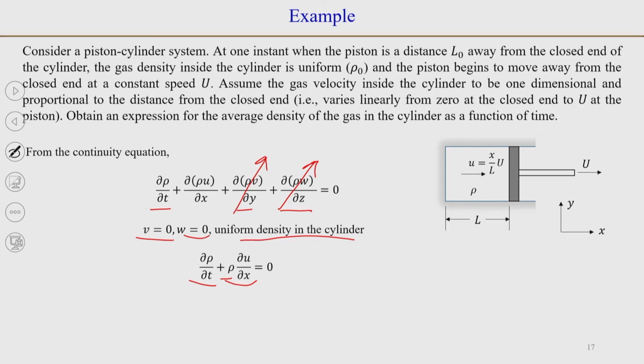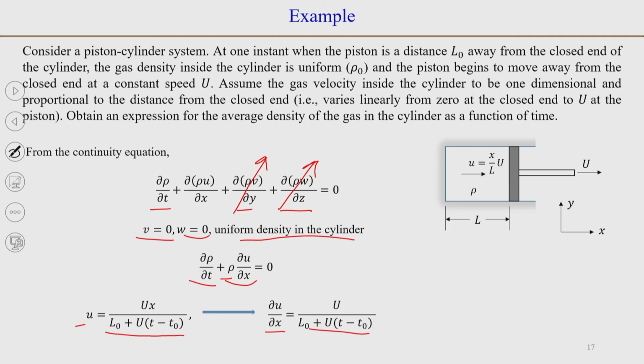Now we already had u as a function of x, so we need to find dou by dou x of u. Differentiating u with respect to x, the denominator is not a function of x, so that is equal to u divided by L naught plus u times t minus t naught.